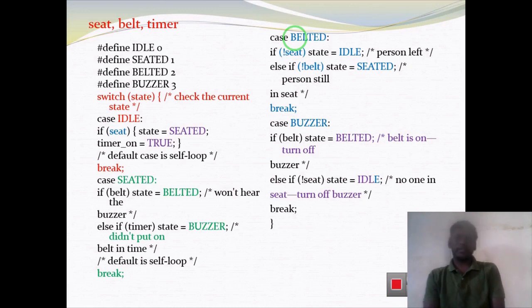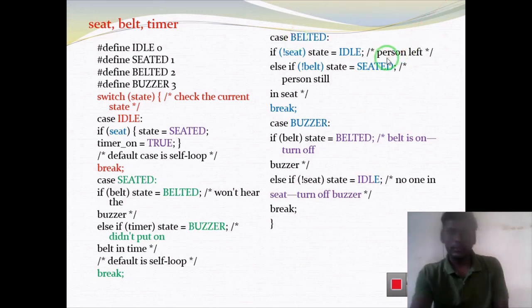So we have to check two cases. If no one is available on the seat, or the person is available, the case will have two different modes. If the person is not in the seat, that is called person left, the idle state. If the person is still in the seat, that is seated. So we have to check that.